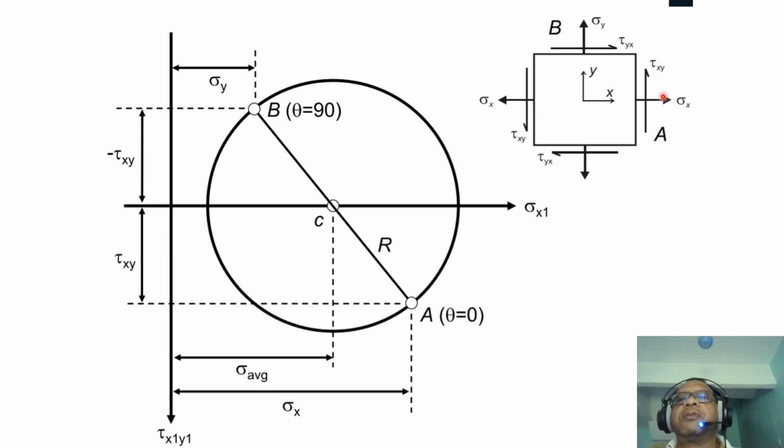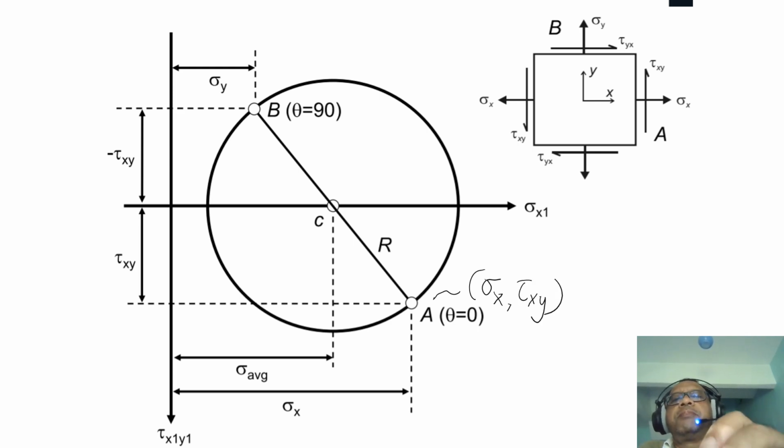And then we have sigma x as the xy coordinate. So your coordinate here is sigma x and tau xy. So we can write the coordinates of this surface as sigma x, tau xy.